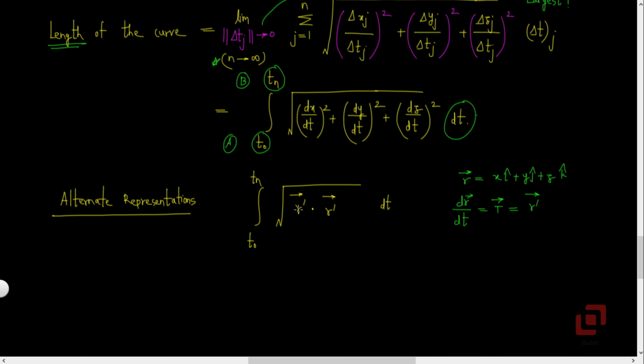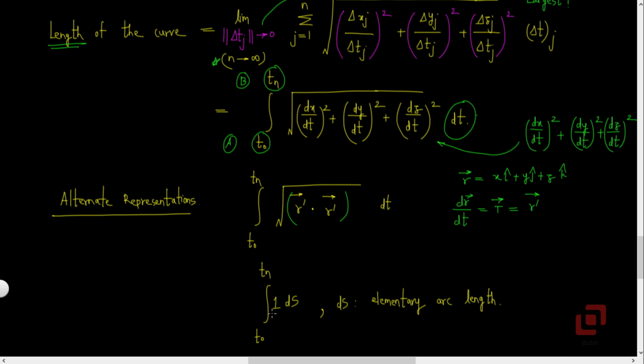In short, to find the dot product of r dash bar with r dash bar, we are going to multiply the i component of r dash bar by the i component of r dash bar, plus the same thing for the j and the k components respectively. So it is the same expression here inside the radical sign. In the vector form it becomes r dash bar dot r dash bar.